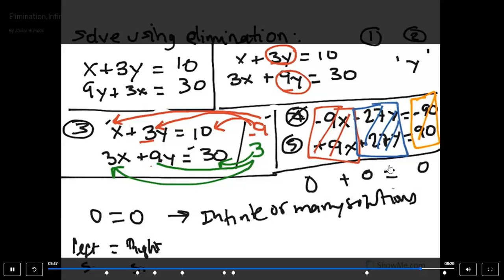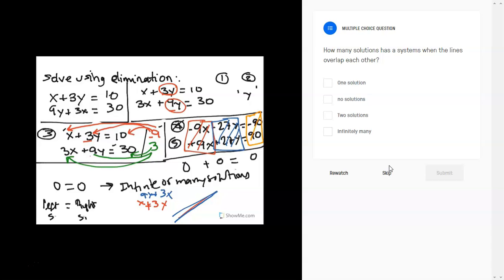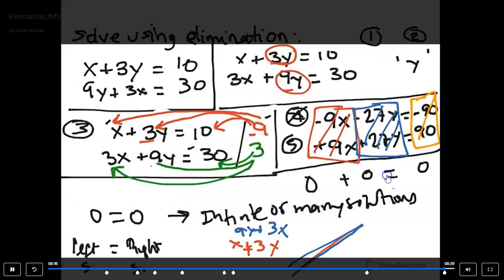This means that these two lines, the line of x plus 3y, and I'm just using this as an example, I'm not meaning that the lines are like this, I have one line, and then the line of 9y plus 3x is on the top of the red line. So because they intersect in many points, the system has infinite or many solutions. Okay?